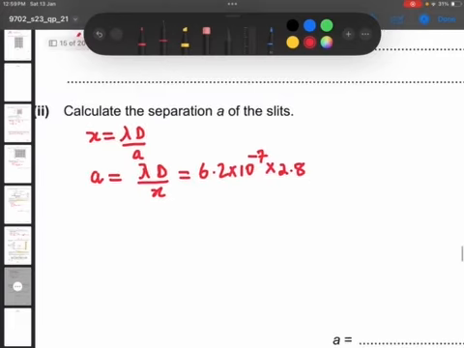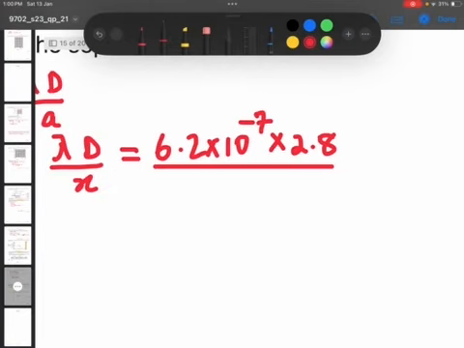Then X, the fringe separation: remember it's in millimeters, but before we put it in meters, we must divide it by 8. Then we multiply by 10 to the power of minus 3 to convert it to meters. So when you do this, we'll find that our A by calculation will be 6.3 times 10 to the power of minus 4.